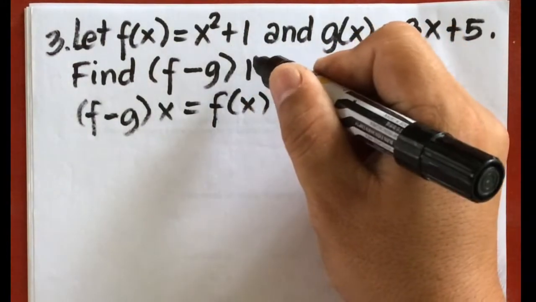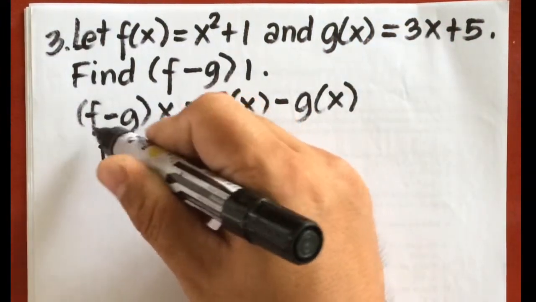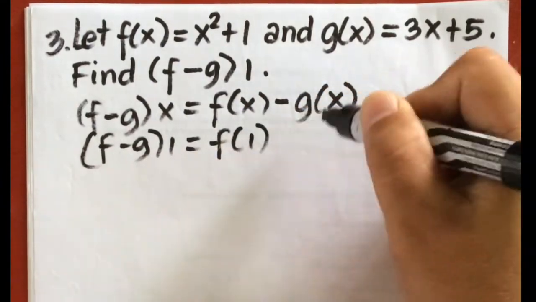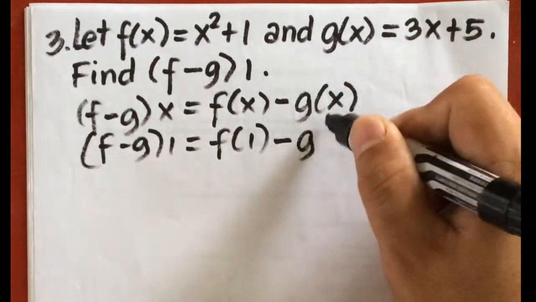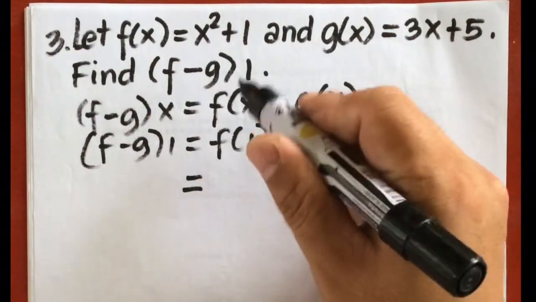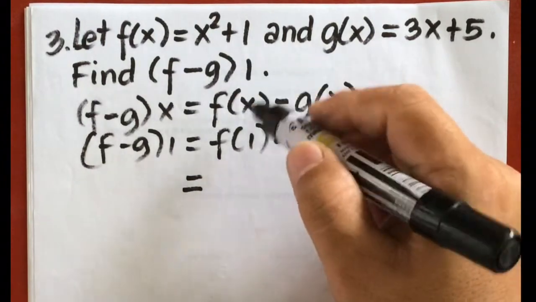Since we are substituting x with 1, we're going to have (f minus g)(1) equals f(1) minus g(1). So for f(x), we're going to substitute the value of x with 1.